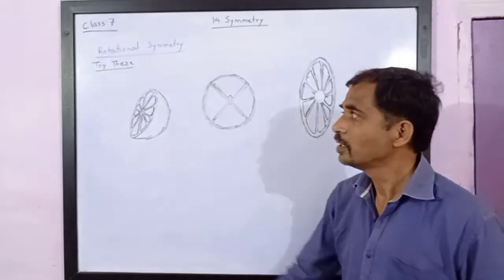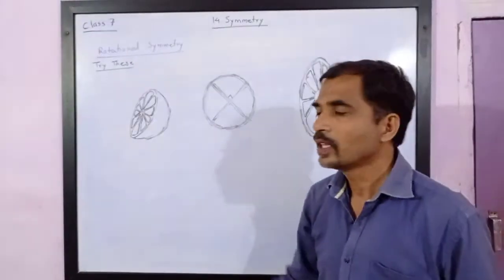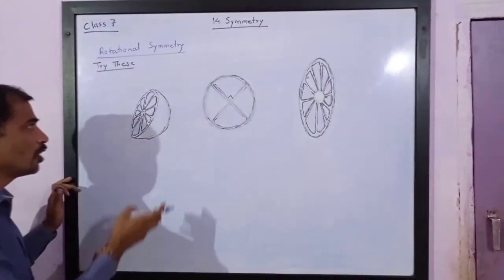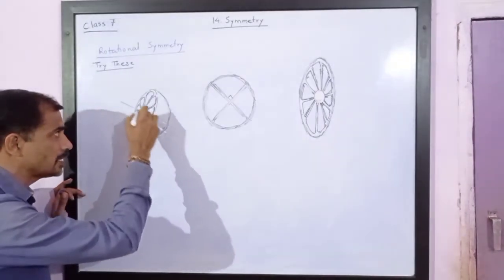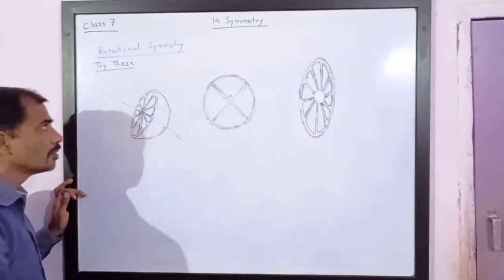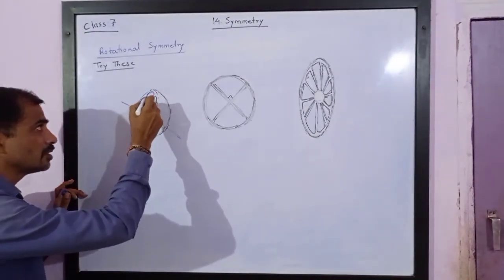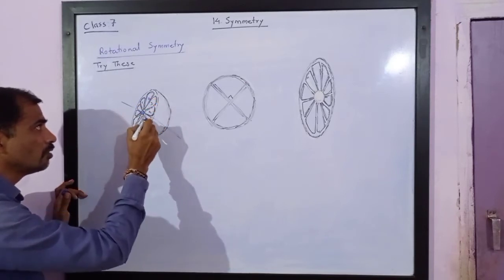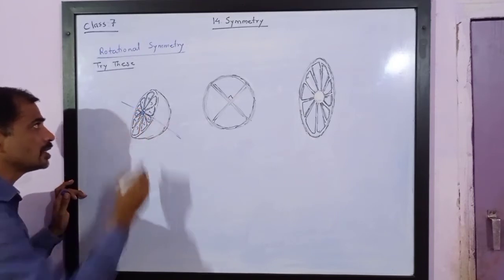Dear friends, consider these three figures 1, 2 and 3. Now see here, center of rotation. Center of rotation is actually the center of the lemon and it is the axis. There are 10 sections. If you measure this 1, 2, 3, 4, 5, 6, 7, 8, 9 and 10 sections.